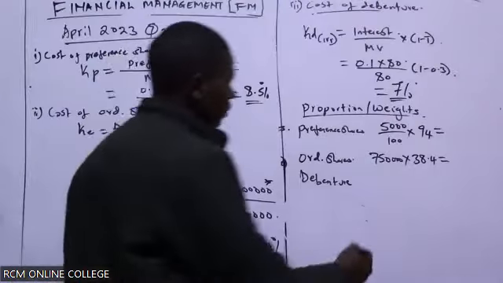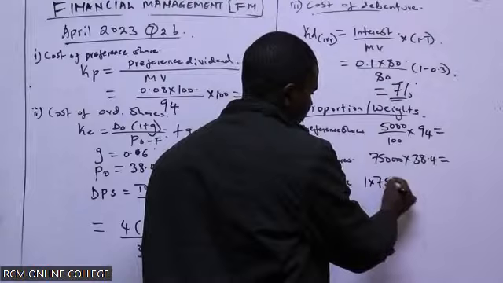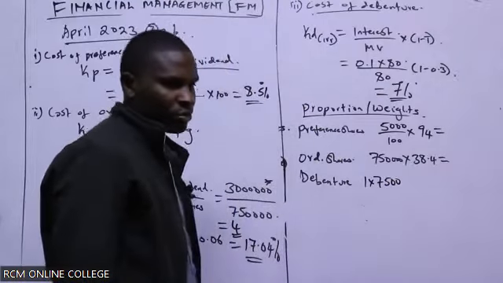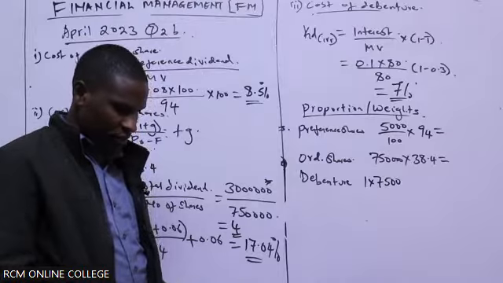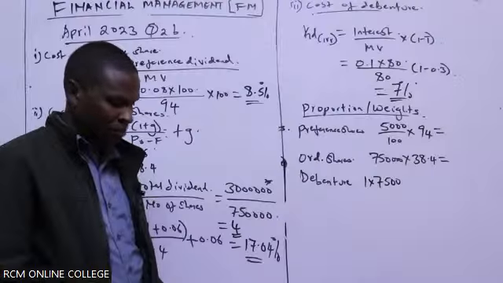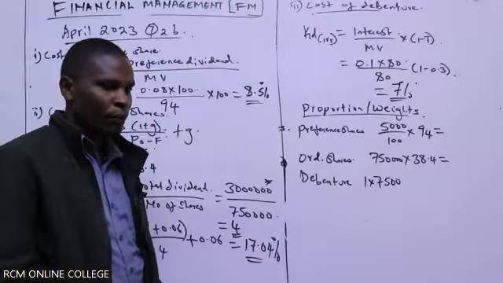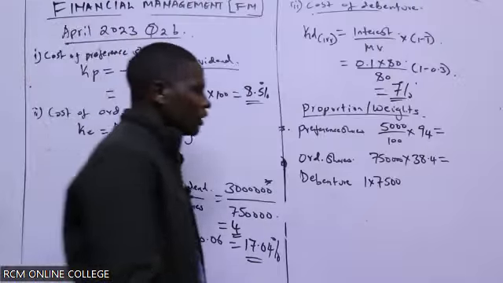So do you think our debenture itakuwa affected kweli? Sioni kama itakuwa affected by any other thing, because even this market price, the par was not there. So our debenture will remain the same.